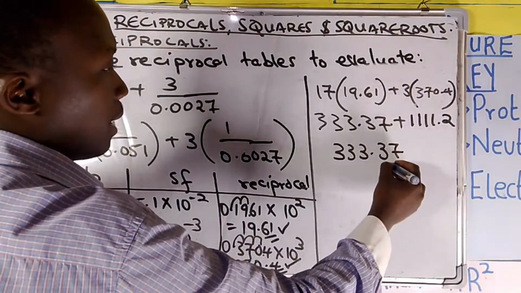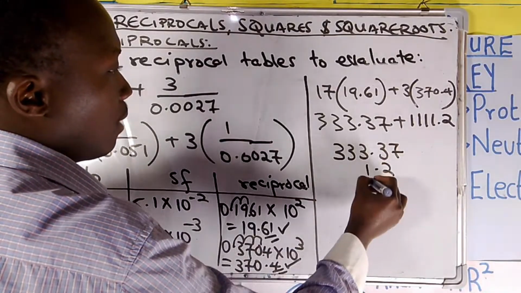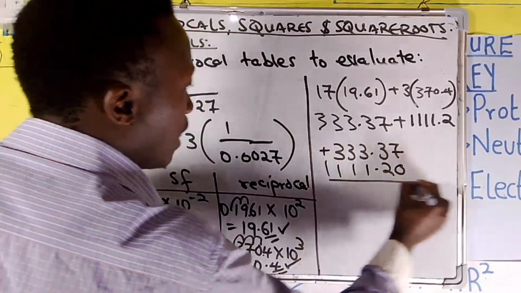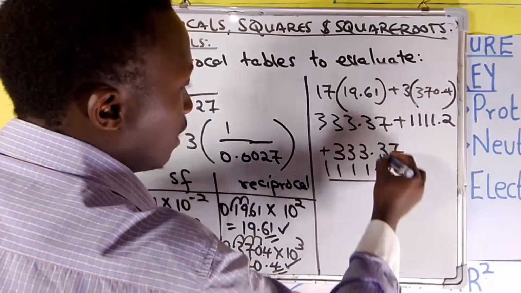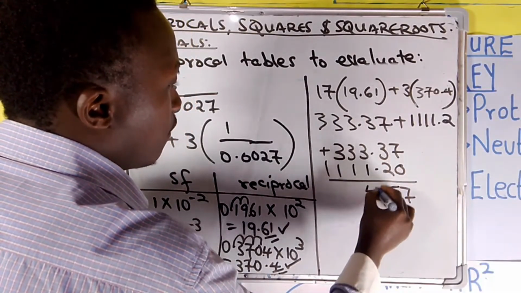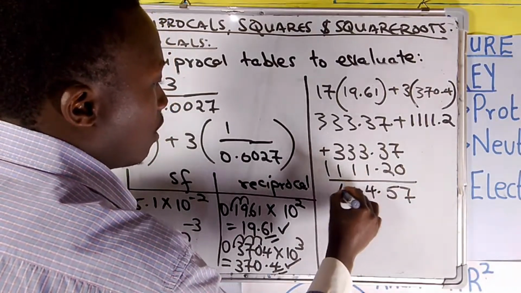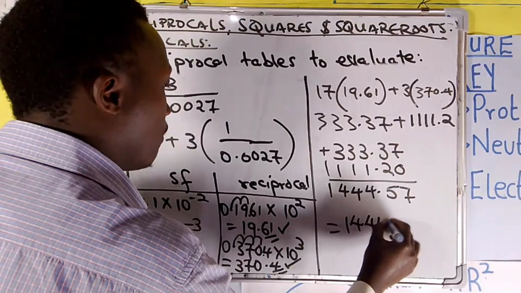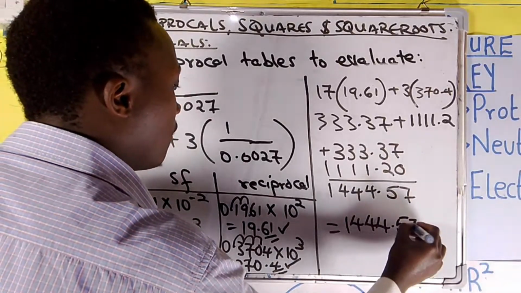333.37 plus 1111.2. When we add, we get 7 plus 0 is 7, 3 plus 2 is 5, 0.3 plus 1 is 4, a 4 and a 1. So our answer will be 1444.57.